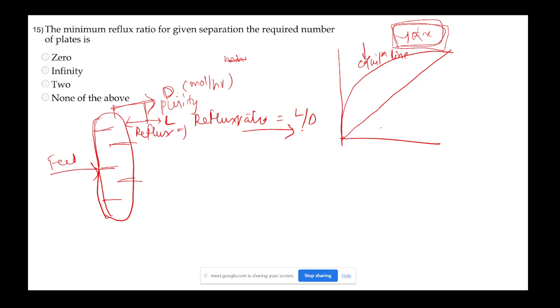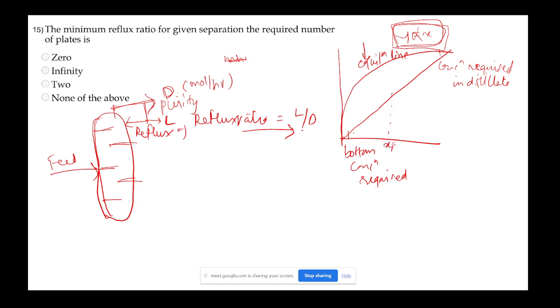So now to find out the number of plates that is required for any distillation column, this is the bottom concentration that you require. This is the concentration required in distillate, and there is some feed concentration xf.